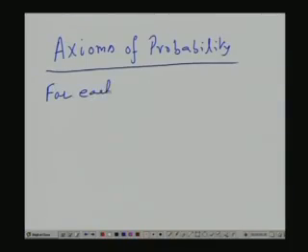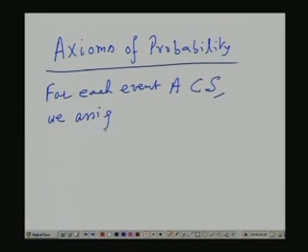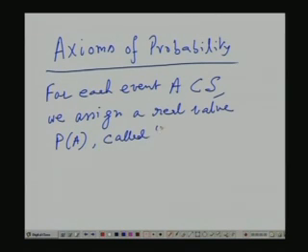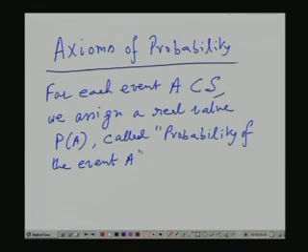So, for each event A we assign a real value P(A), called the probability of the event A. We are just looking at all possible events that are available, and to each I am assigning some value.